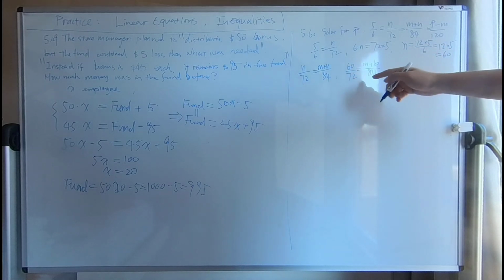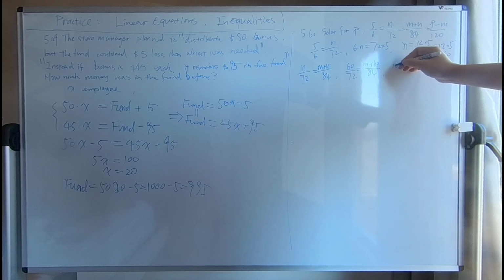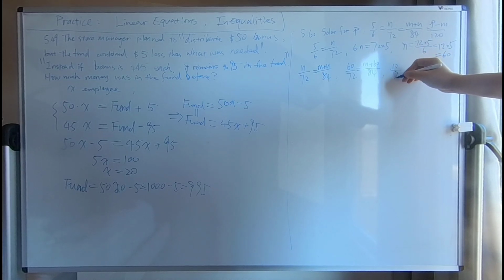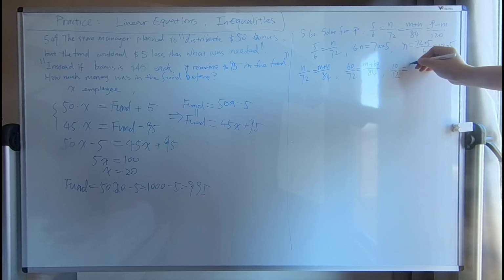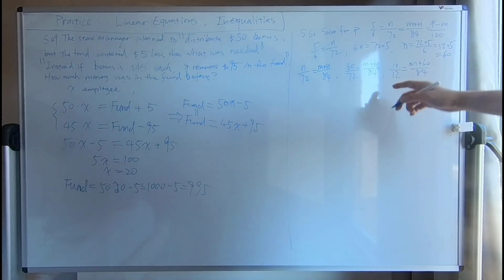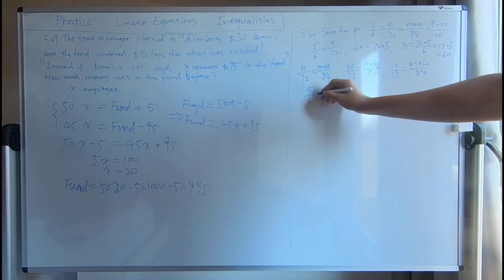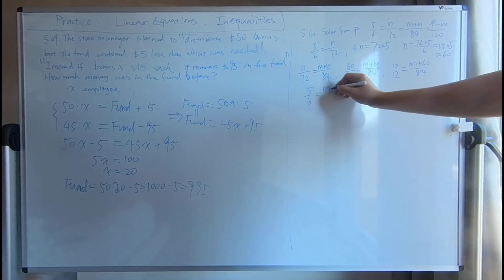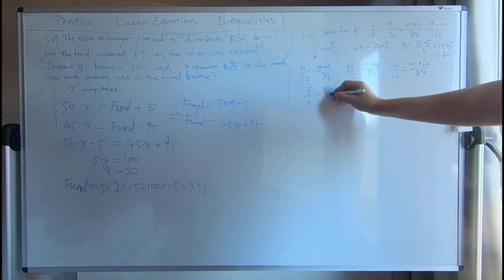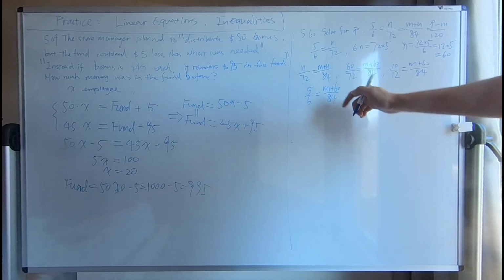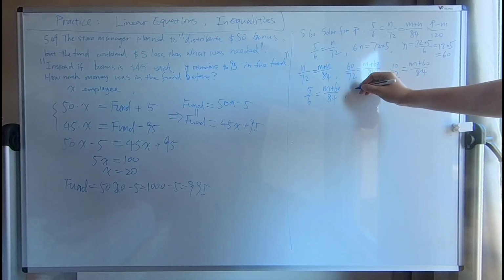Here 60 and 72, if we divide by 6, we'll have 10 over 12, and we can further divide this by 2. The simplest form is 5 over 6. And this. So then we can cross multiply.